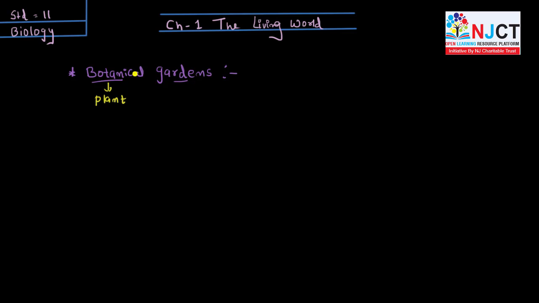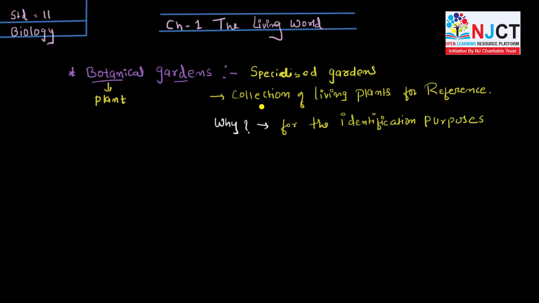So, botanical gardens are very specialized gardens. Let me write it properly. In what manner specialized? So, basically, it is a collection of living plants for reference.